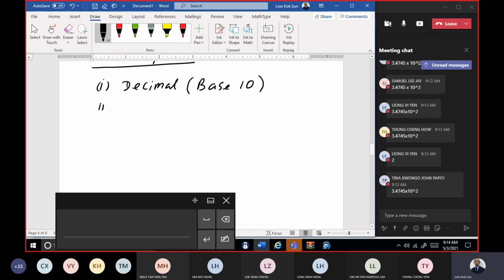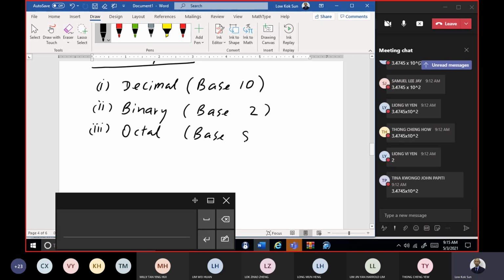Now the next most important one, after decimal, meaning base 10, is the binary system. So it's called base 2, meaning 2, the binary system. And then we got the octal system, base 8.